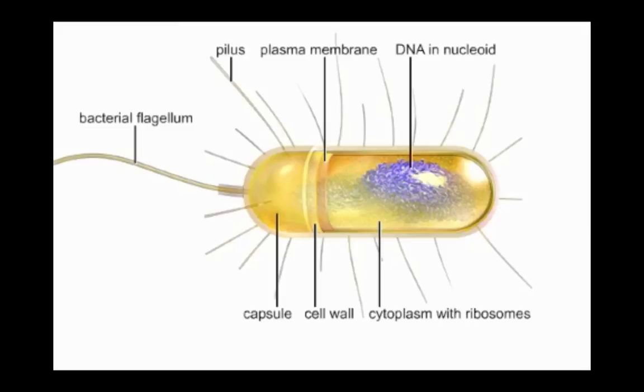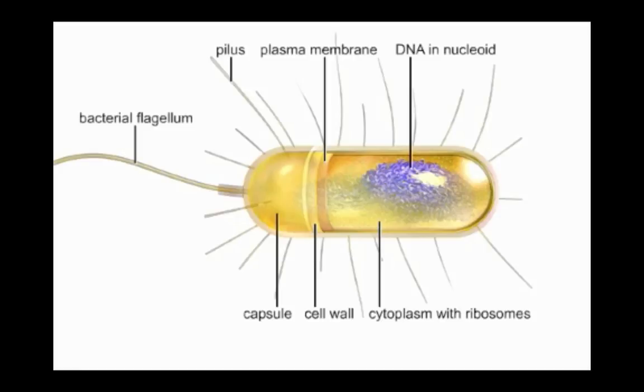The plasma membrane mediates the flow of substances to and from the cytoplasm. It has protein channels, transporters, and receptors for signals and substances. Most bacteria have a semi-rigid or rigid cell wall that surrounds the plasma membrane, supports the cell, and imparts shape to it.